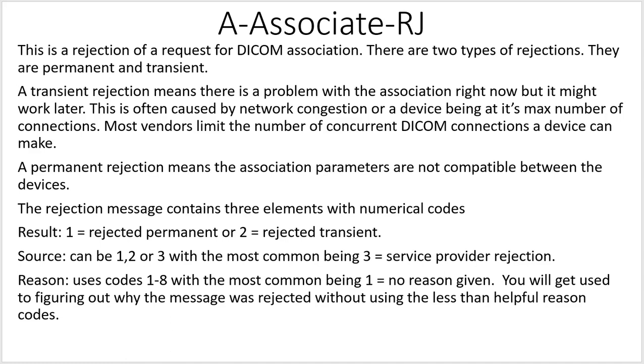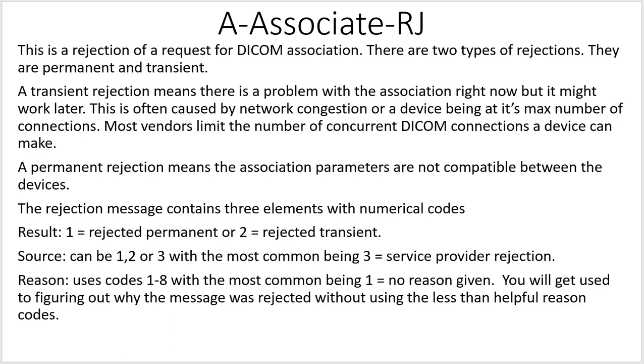So the rejection messages contain 3 elements with numerical codes. The result element can be 1, rejected permanent, or 2, rejected transient. And the source can be 1, 2, or 3, with the most common being 3, service provider rejection, which means, hey, you asked if I do this service, right? The MR asked the archive, can you store images? The archive says, no, I don't store images.